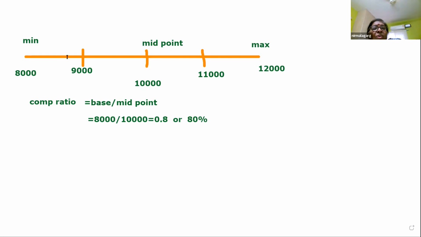If I am giving 1,000 rupees every year as an increment, he will reach the maximum in 4 years, which is 120% comp ratio. Maybe somebody is at 9,000; obviously, I don't even have to calculate, it will be 90%. And if you are at the midpoint, you are at 100%.